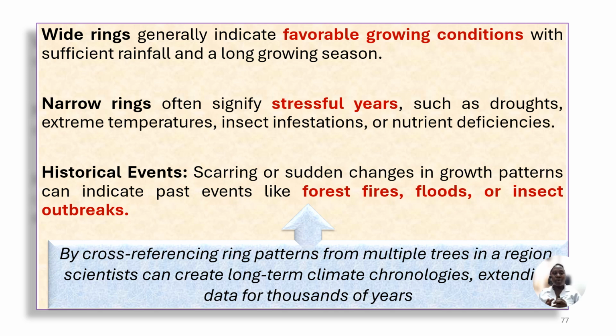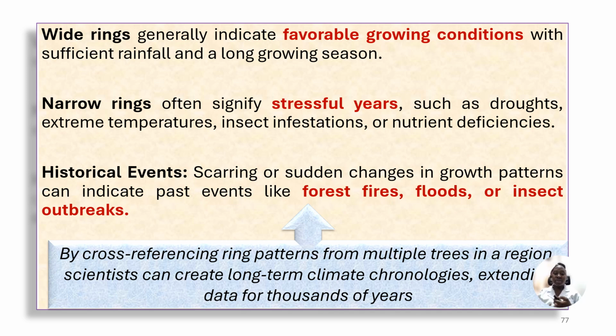For example, wider rings tell us that we had favorable growth conditions or sufficient rainfall along a growing season. And narrow rings often signify stressful years such as droughts, extreme temperatures, insect infestations, or nutrient deficiencies, and the like. And about historical events, if we find scars or sudden changes in growth patterns, this indicates forest fires, floods, or insect outbreaks, and the like.